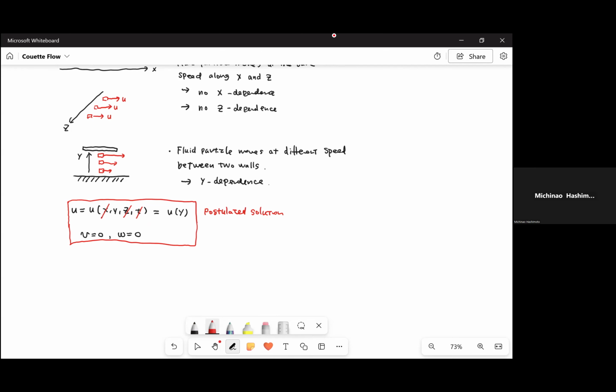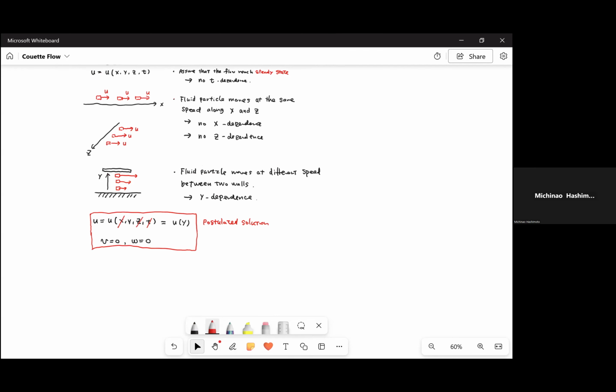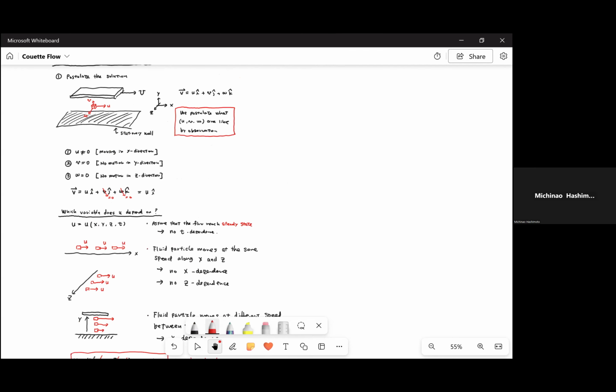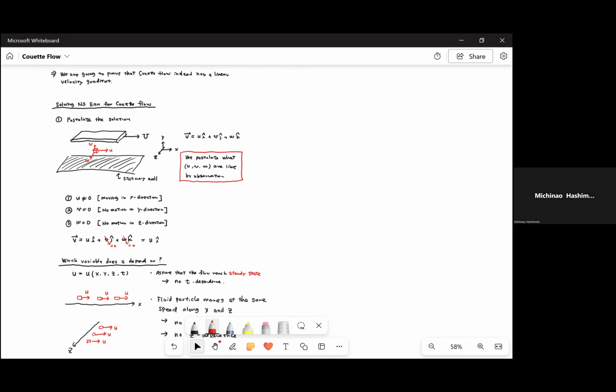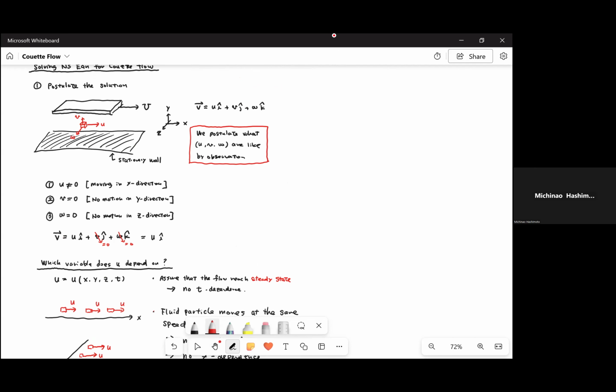First step, just to recap: based on the geometry that we have, we would like to consider how this flow looks. We want to say which component is equal to zero, which component is non-zero, and for the non-zero component, which variable it depends on. This is what we think about through this postulate.